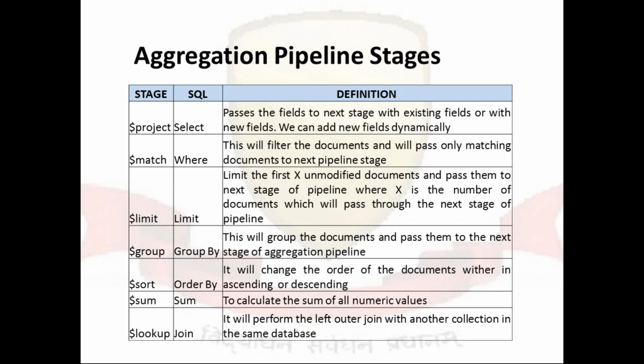And we have $sum, which is equivalent to sum in SQL, and it is used to calculate the sum of all the numeric values. Then we have $lookup, which is equivalent to join, and it will perform a left outer join with another collection within the same database.